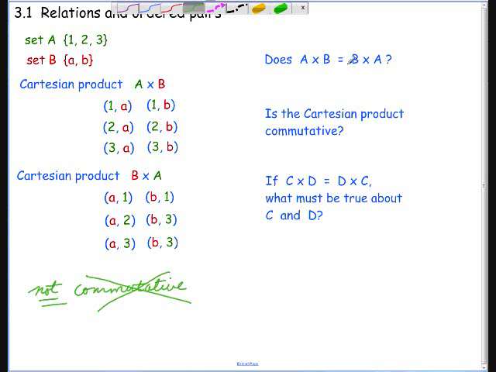Does A cross B equal B cross A? No. Is the Cartesian product commutative? No. If C cross D equals D cross C, if this turns out to be true, what must be true about C and D? That's the only way this could be true.